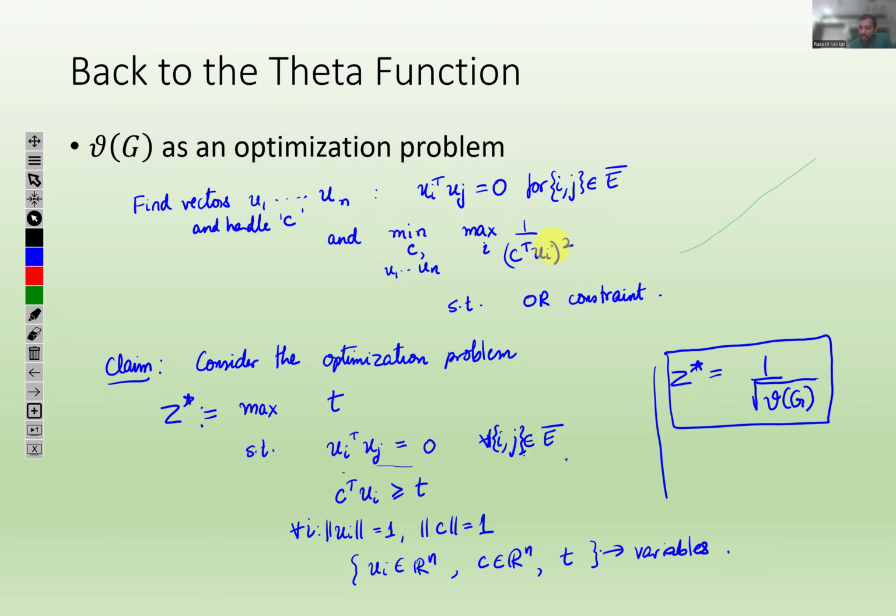And that is basically the idea that theta of G is going to be nothing other than 1 over Z star squared.